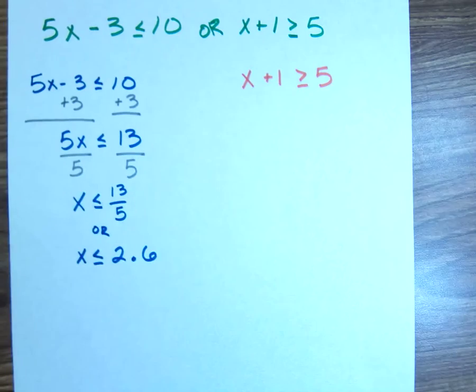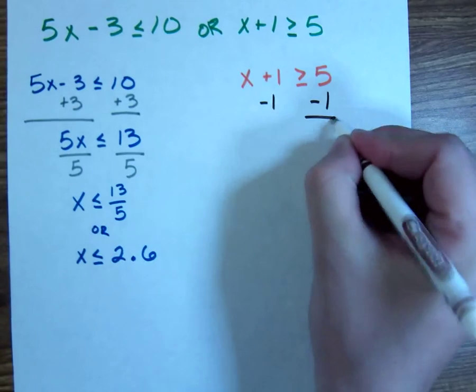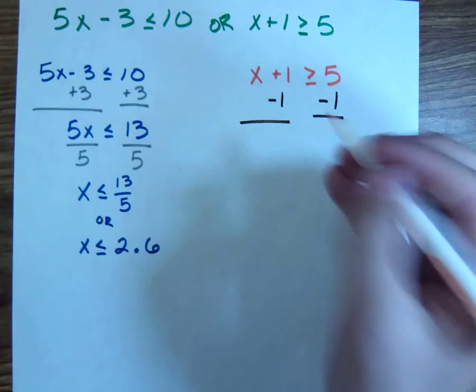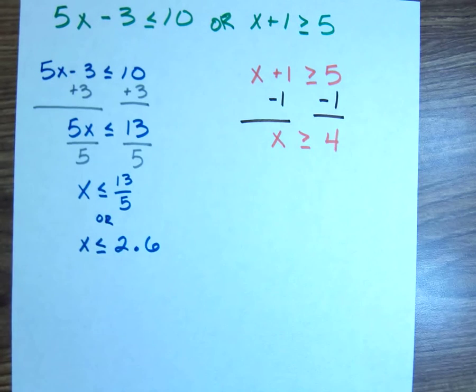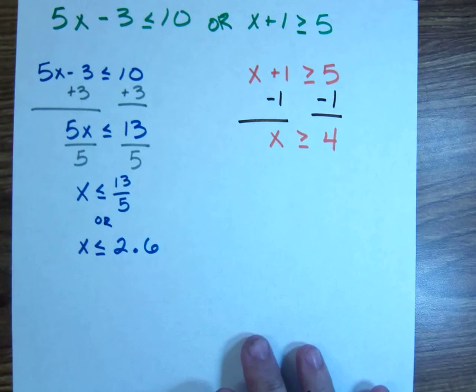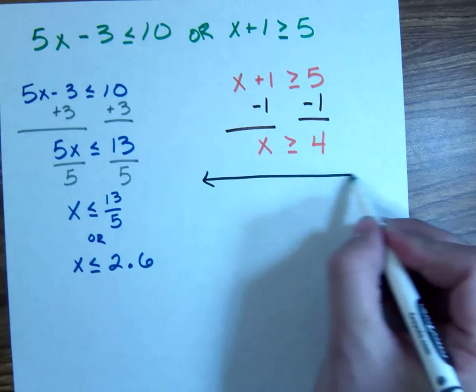Let's solve this one. This one's really easy. Just subtract 1 on both sides and we're done. That one's easy. So my hope is that eventually you'll get to the point where you can do these problems without actually writing the number lines, because the number lines do take kind of a long time. But if you ever get confused, the number lines are a great way to go.